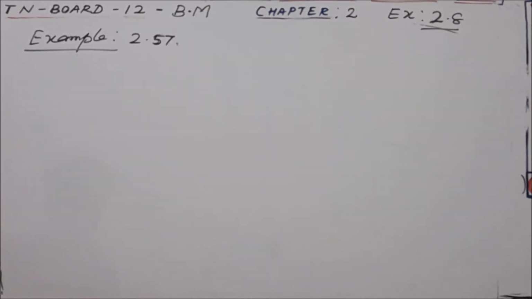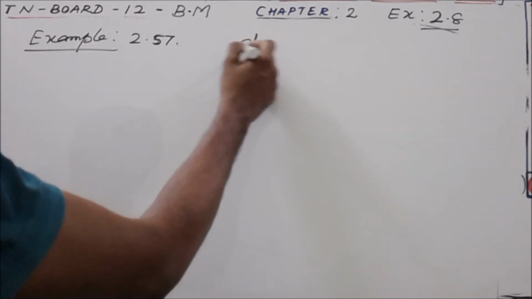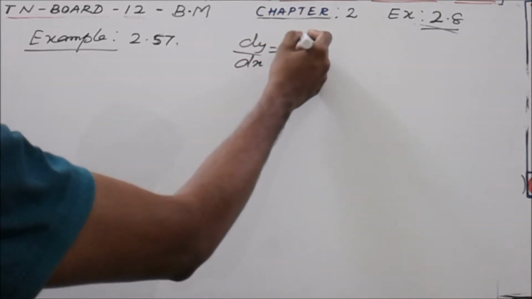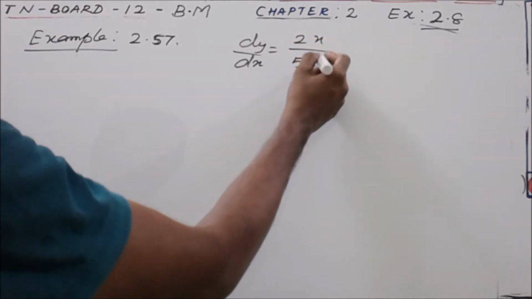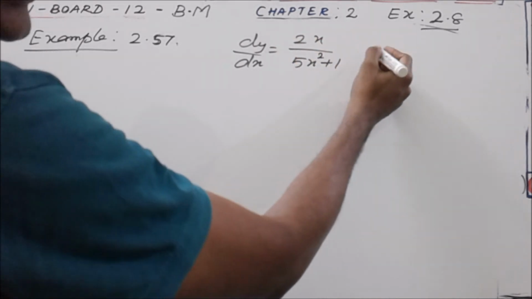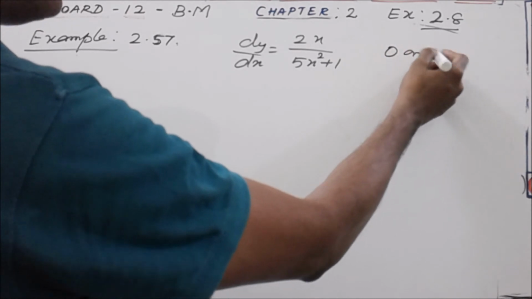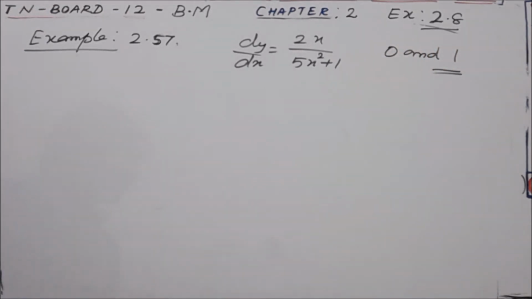Now look at the second example, 2.57. The given question is: find the integration for dy by dx is equal to 2x by 5x square plus 1 with the limit values 0 and 1. Understand the question first.